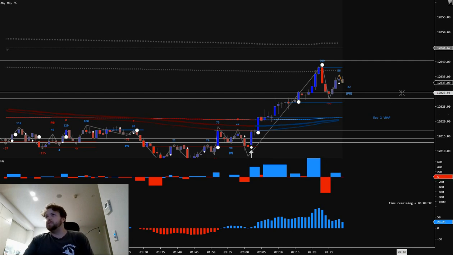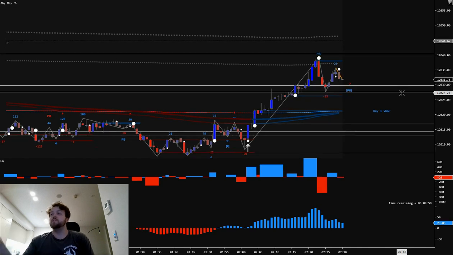We won't ever know what the market's going to do, but we can definitely gauge an idea. We can put two points of potentials in place for longs and for shorts.